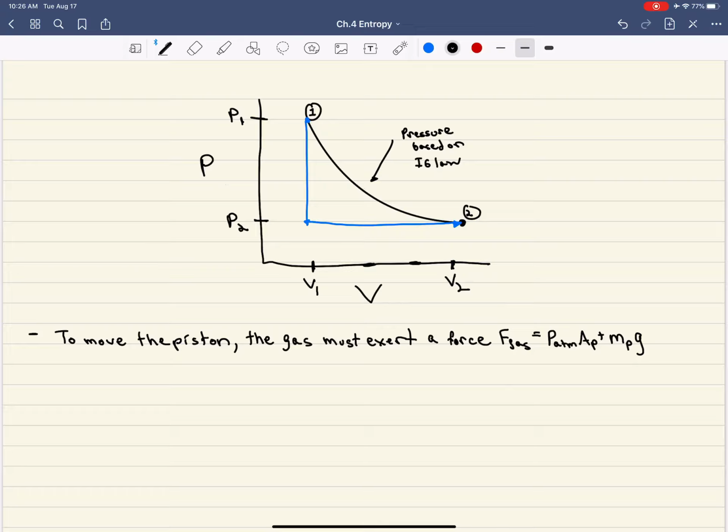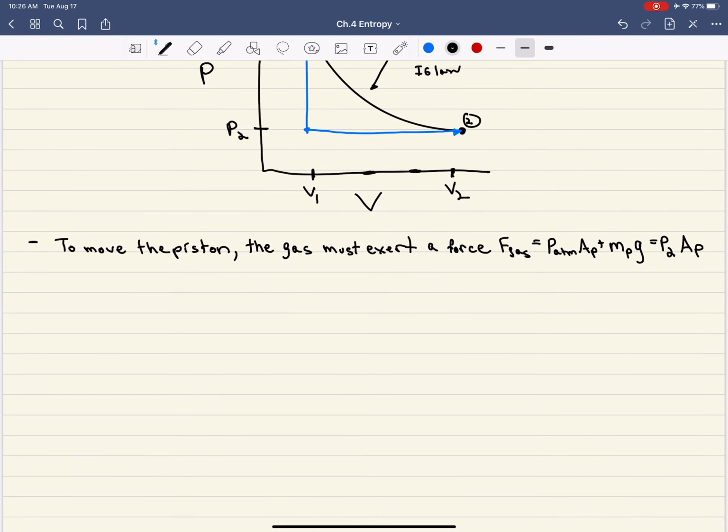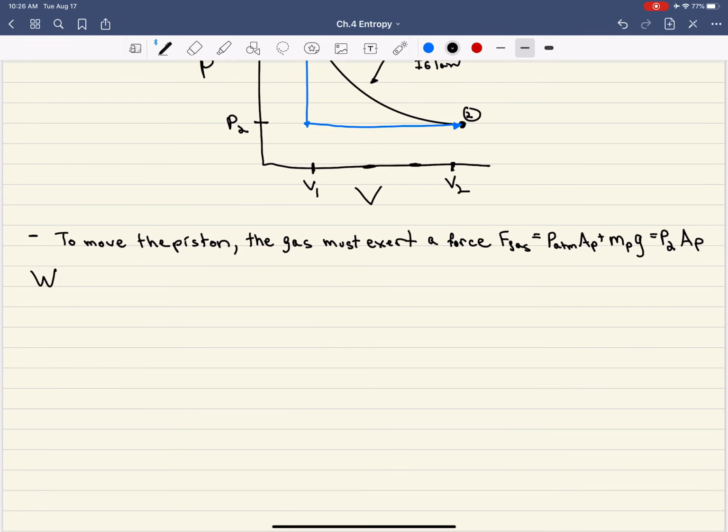But as we saw with our earlier force balances, that's just equal to P2 times the area of the piston. If we calculate the work exerted in the second step, in general, work can be calculated as the force of the gas times the displacement, and the integral of that from position 1 to position 2.